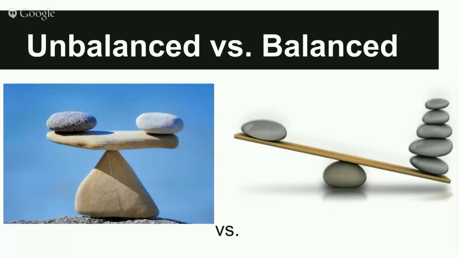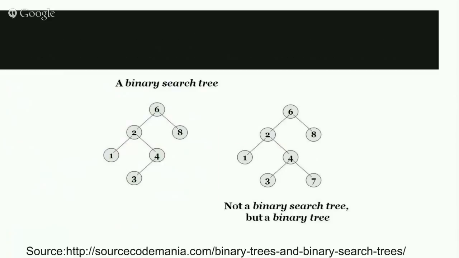Okay, great. So I'm going to talk about unbalanced versus balanced trees. When you insert something into a tree, as you can see in this picture and as Kajari mentioned, it needs to go into the proper spot based on its value. Binary search trees have values that are less on the left and values that are greater on the right.